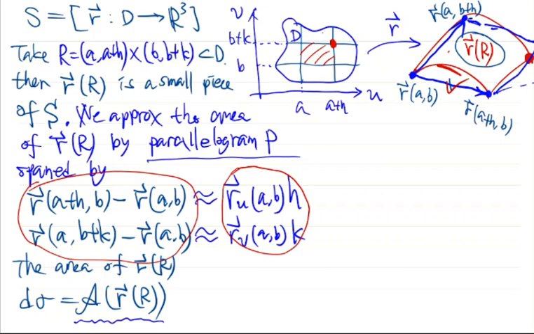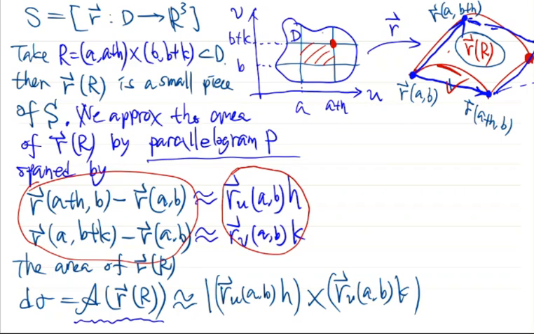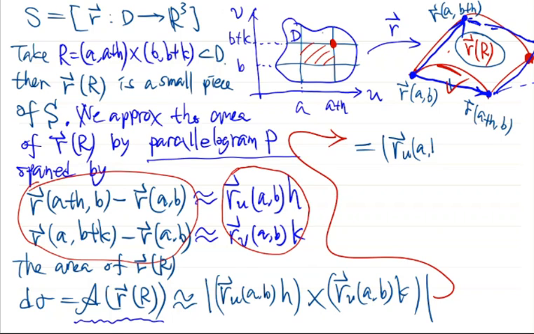So this is almost this vector cross the other vector, then taking the norm, and this can be easily computed to equal the norm of r_u(a, b) cross r_v(a, b), times hk.